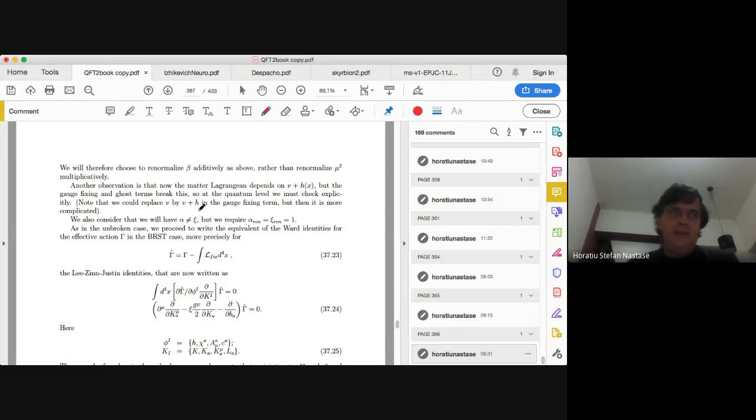That means that the quantum theory is written in a way that does not make explicit the symmetry with respect to v plus h, and the result of that is that there should be a Ward identity with respect to this symmetry v plus h.